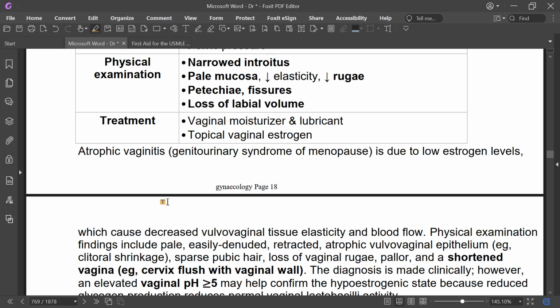Physical examination includes pale, easily denuded, retracted, atrophied vulvovaginal epithelium, clitoral shrinkage, and sparse pubic hair.